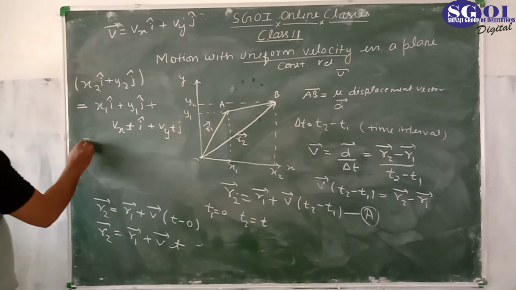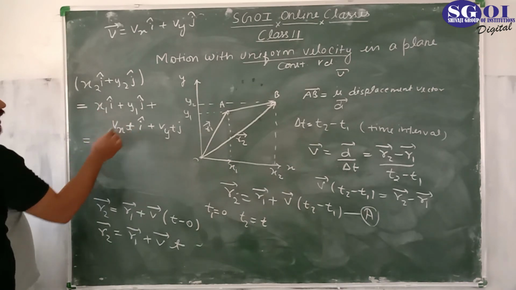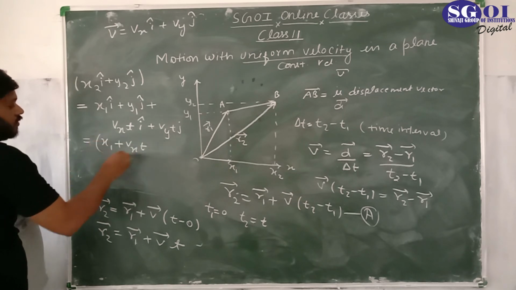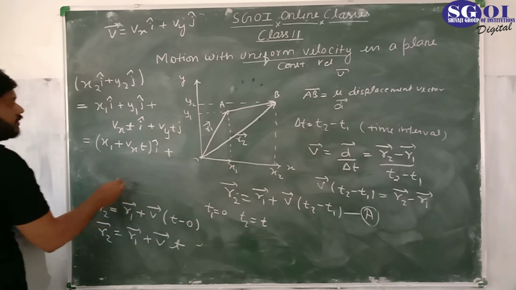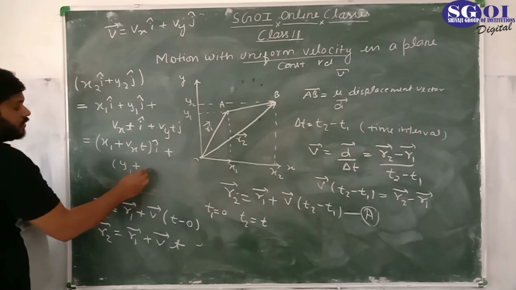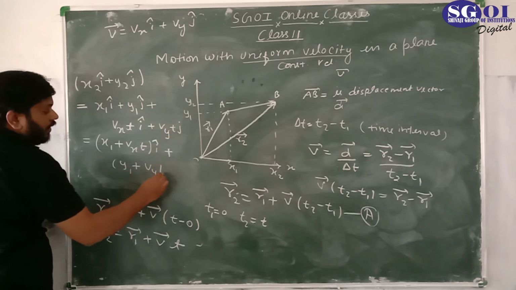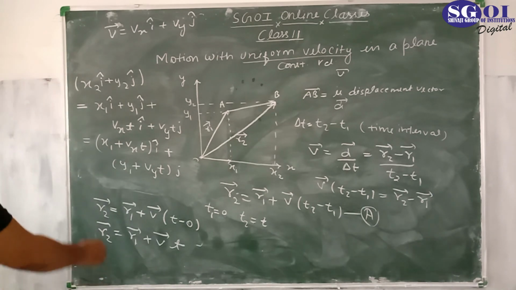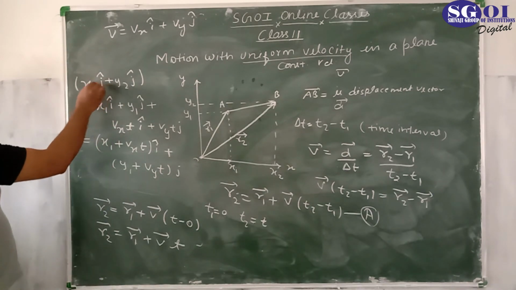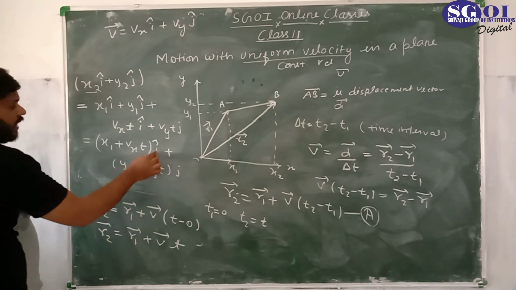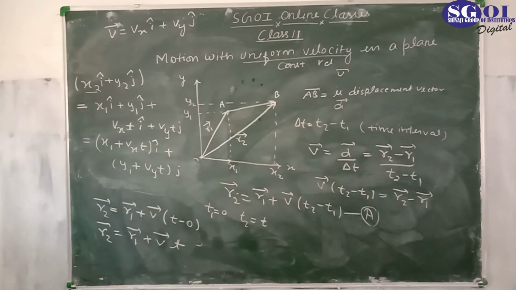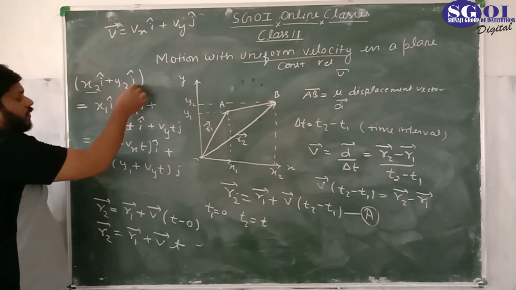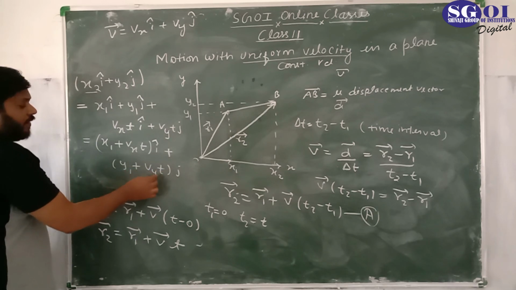Now finally, if I take i and j common, it is (x1 plus vx t) i plus (y1 plus vy t) j. On comparing both sides, with i there is x2 on one side and x1 plus vx t on the other, and with j there is y2 on one side and y1 plus vy t on the other.